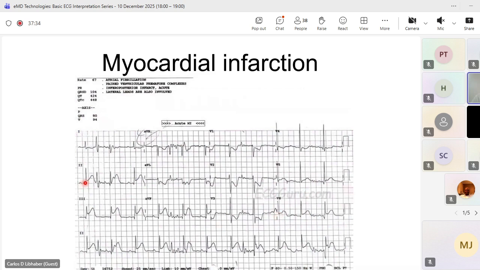Now here I see ST elevation. Do you see it? In lead 2, lead 3, and AVF. And also in V6, with mirror image, the ones going down in the anterior leads.